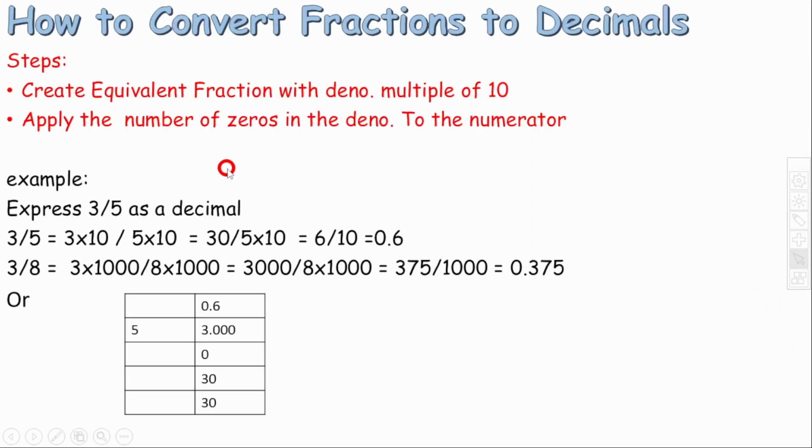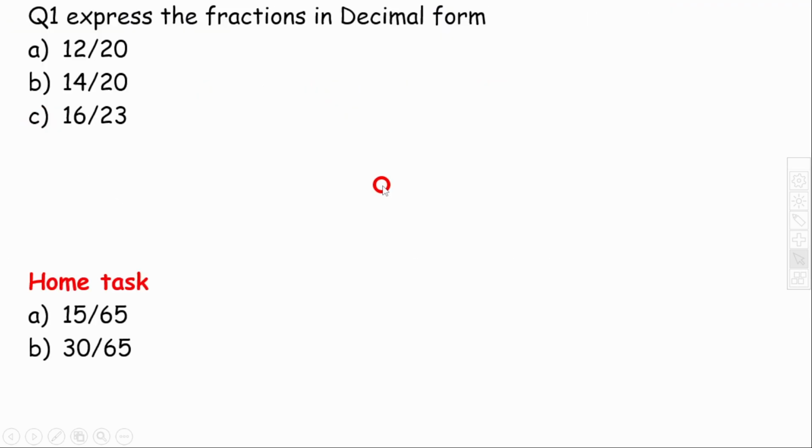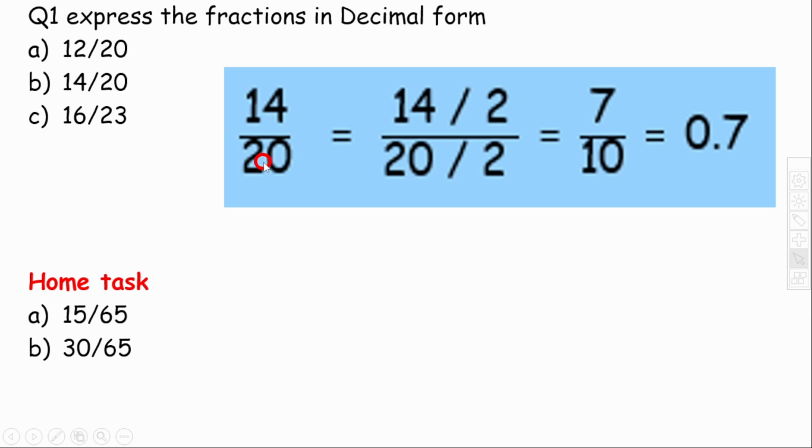Now let's get back to the topic of today, how to convert fractions to decimals. Understanding how to make fractions into decimal forms. We divide both the numerator and the denominator by 2 because it's a common factor. 14 divided by 2 is 7. 20 divided by 2 is 10. We have 7 all over 10, which is what we like.